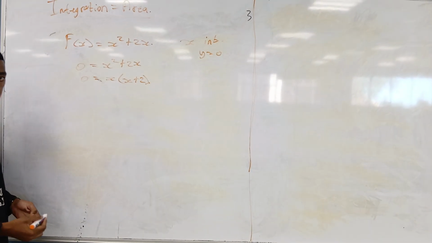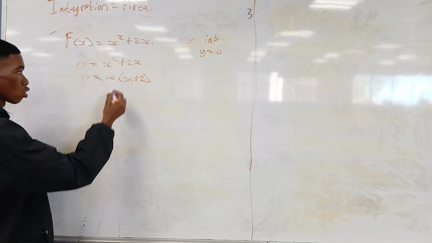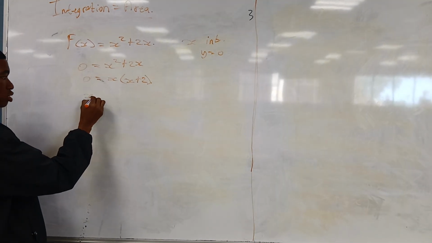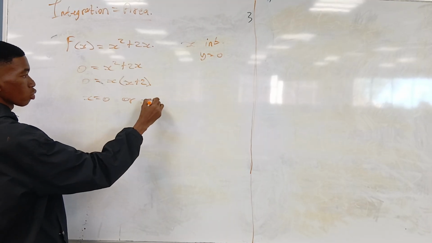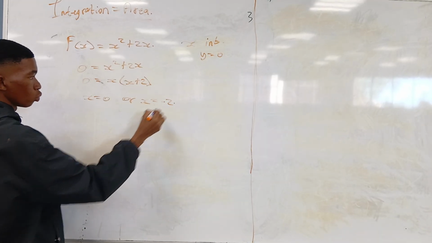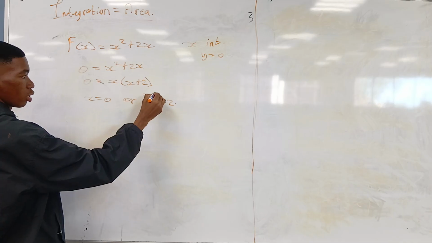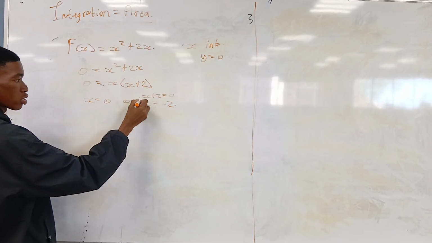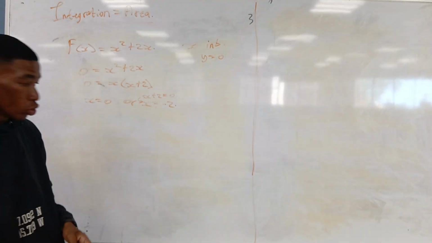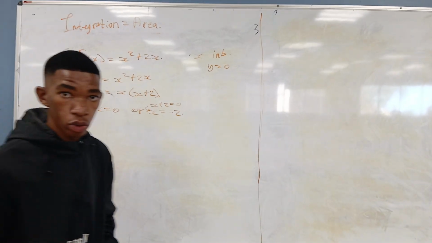Now, we are going to solve for x. Here we're going to have x is equal to 0, or x is equal to negative 2. So your intercepts, now you already found them.